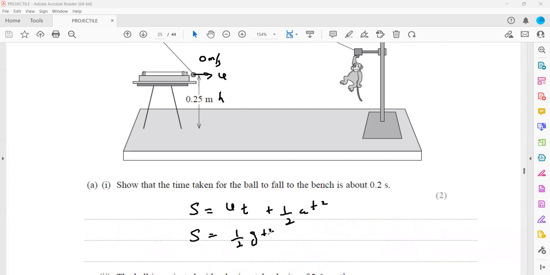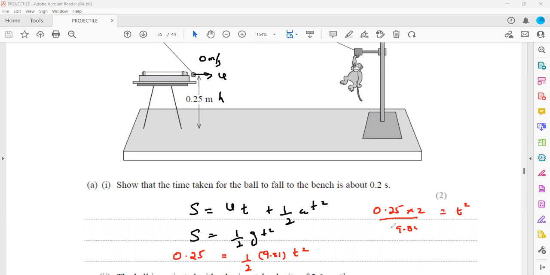When we substitute the values, the height from which it is dropped is equal to 0.25. The acceleration due to gravity is 9.81 and time is t square. We have to show it takes about 0.2 seconds. So 2 is divided, on the other side it will be multiplied. So it will be 0.25 multiplied by 2 divided by 9.81, which equals t square.